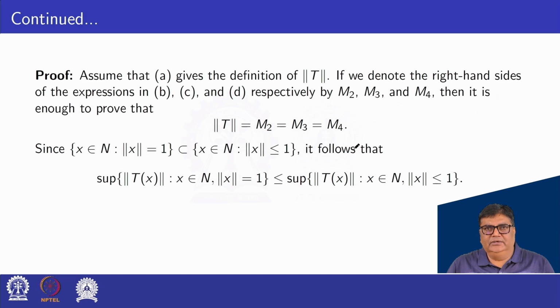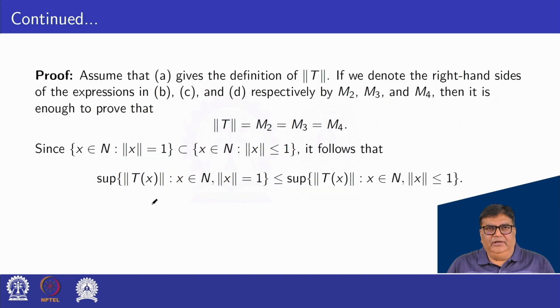So it has more values, because it has norm x less than or equal to 1, whereas here norm x is equal to 1. Thus here, this condition we already consider as the definition of norm T.